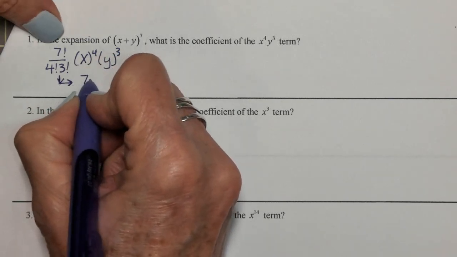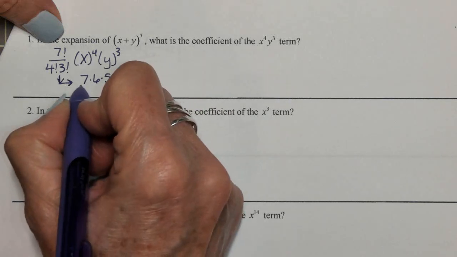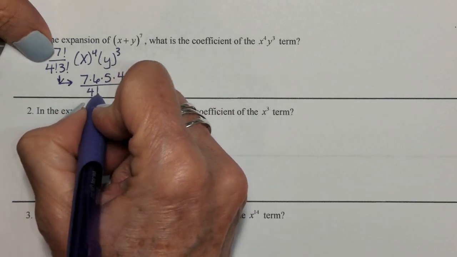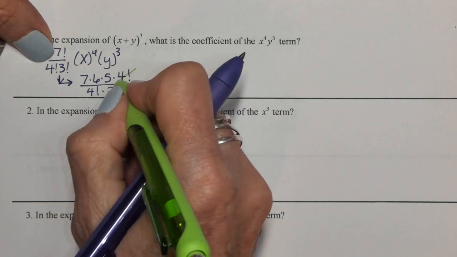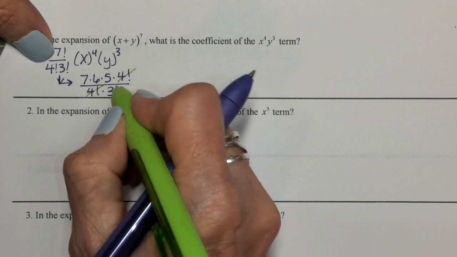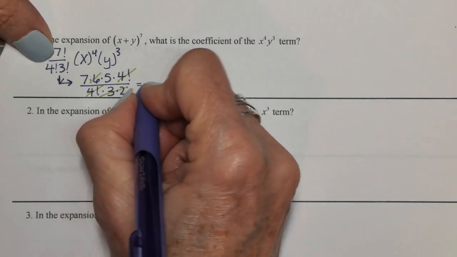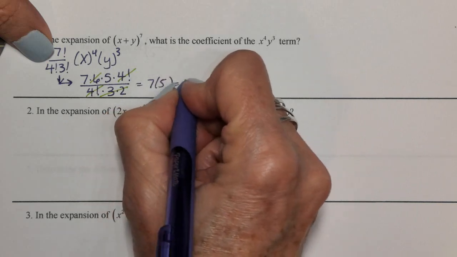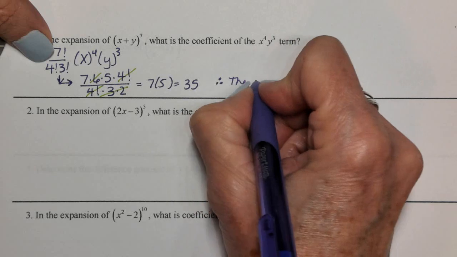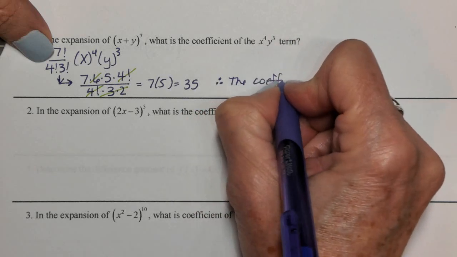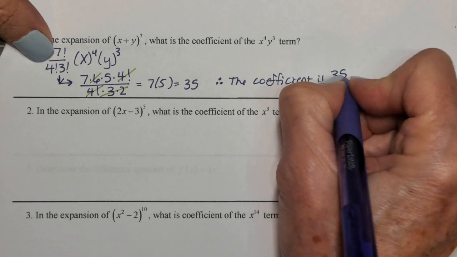That will be 7 times 6 times 5 times 4 factorial divided by 4 factorial times 3 times 2 times 1. The 4 factorials reduce out. 3 times 2 is 6. I'm left with 7 times 5, which is 35. So therefore, the coefficient is 35.